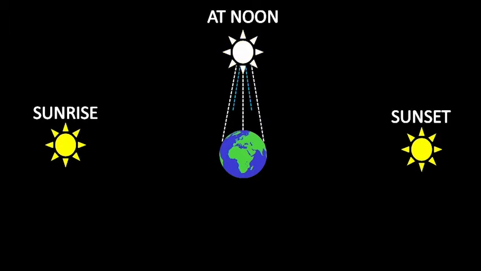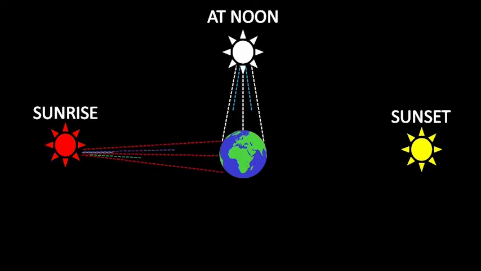Let us see what happens at noon. At noon, the particles of the atmosphere scatter the sunlight effectively. Almost all the colors, more or less, are scattered. That is why it appears to be white in color at noon.